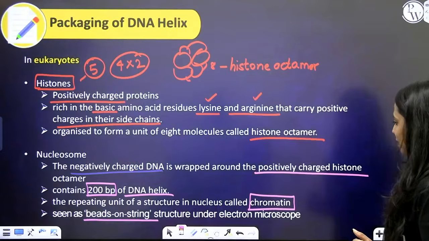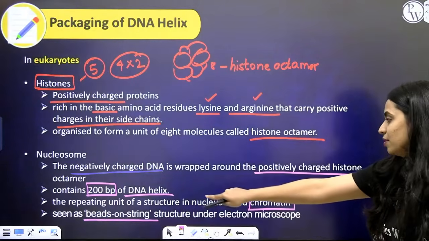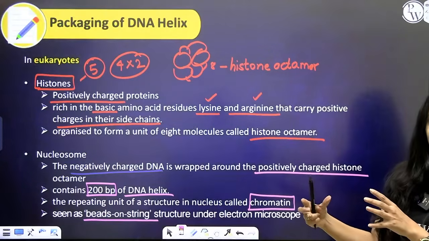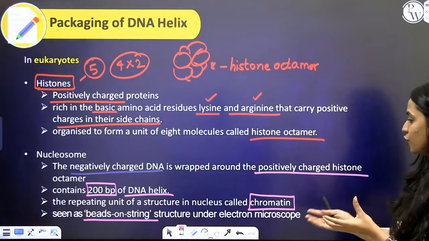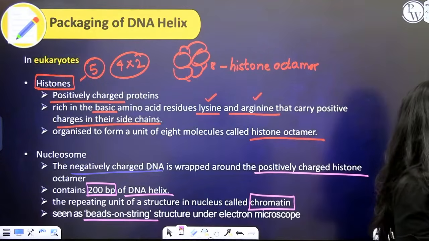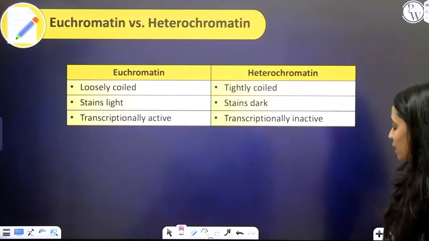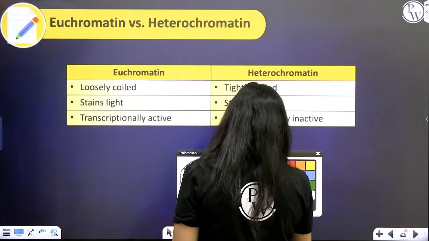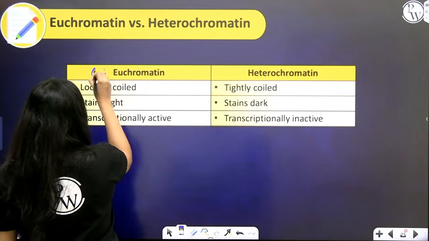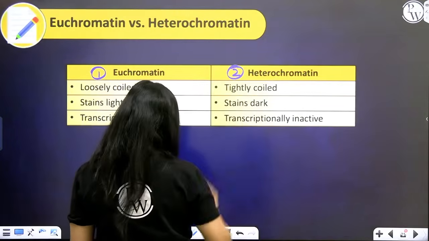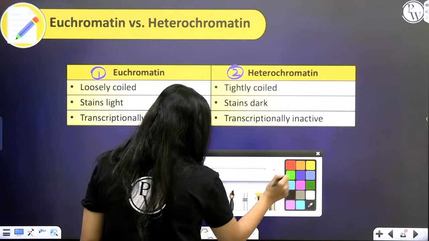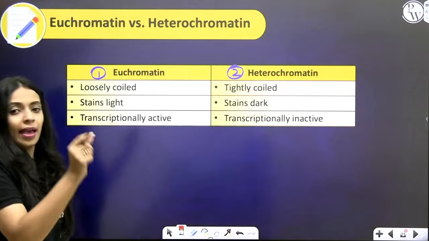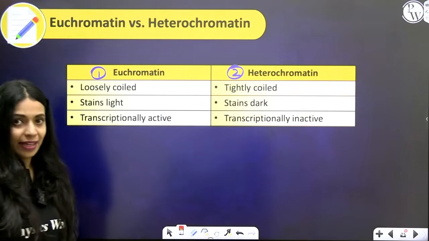Now I said over here that the repeating unit of a structure in a nucleus is called the chromatin. This chromatin can be of 2 types. One is called euchromatin and the other one is called heterochromatin. In our DNA, every segment of the DNA will not carry information.